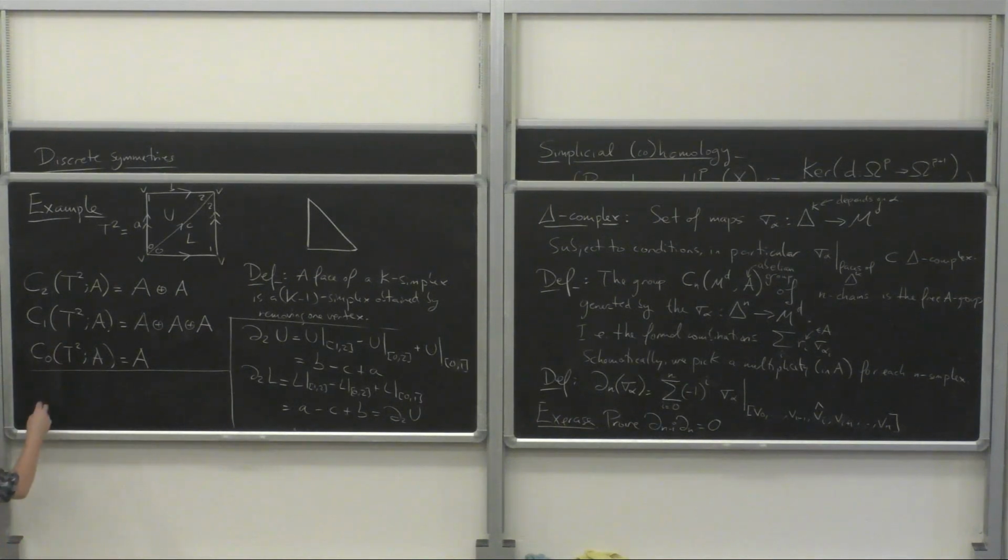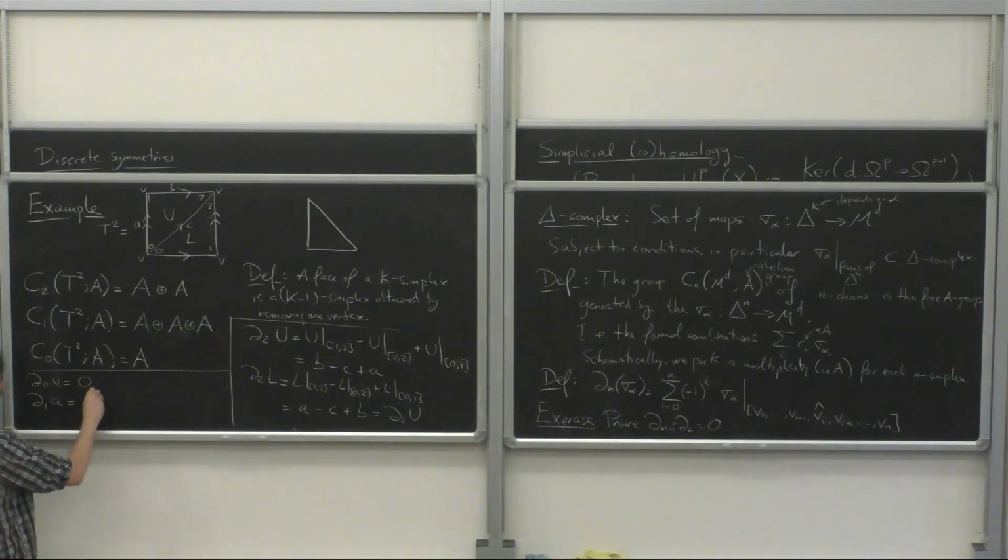Okay, let's do the others. Delta 0 on V, so the boundary of V, well, it's going to be 0. There's no -1 change, so this has to go to 0. And the next one, which is interesting, is the delta 1, the boundary 1, sorry, of any of these. So let's do A, for example.